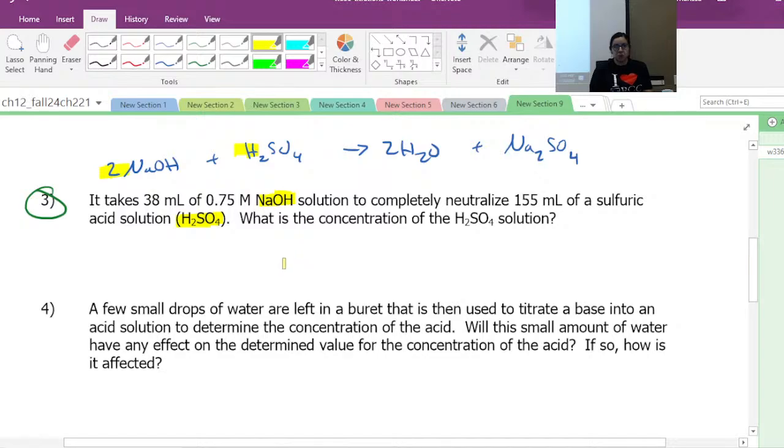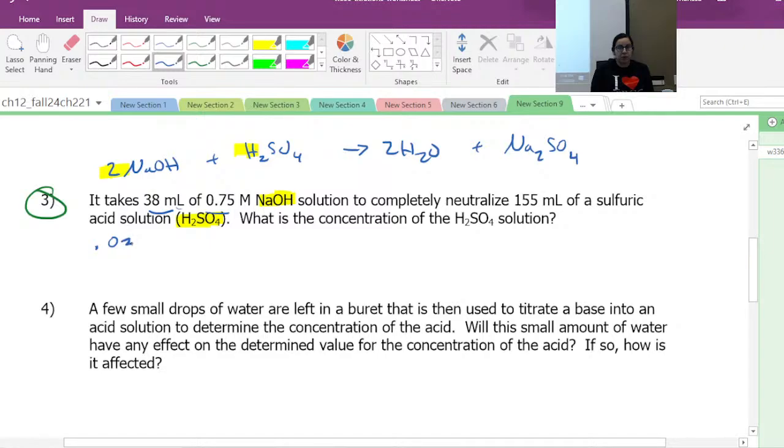All right, so finish walking me through the end here. What do we need to start with? What should we calculate first? Give the concentration and volume of sodium hydroxide. Excellent. So let's do that. I'm just going to convert this.